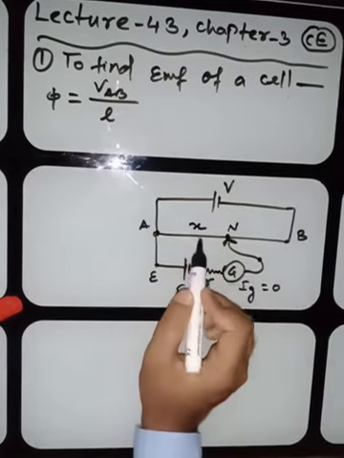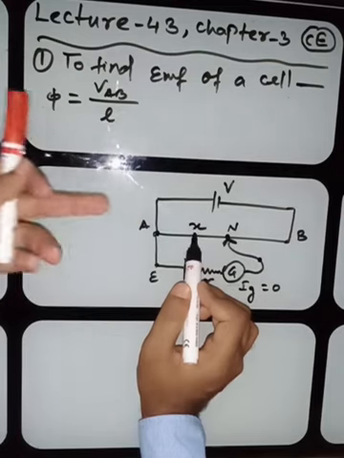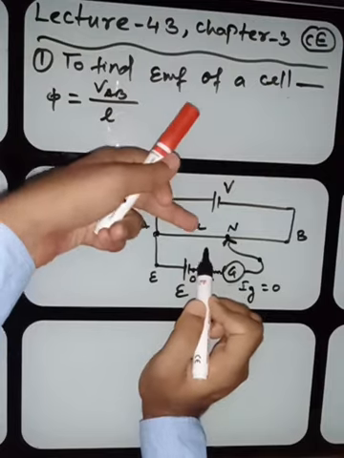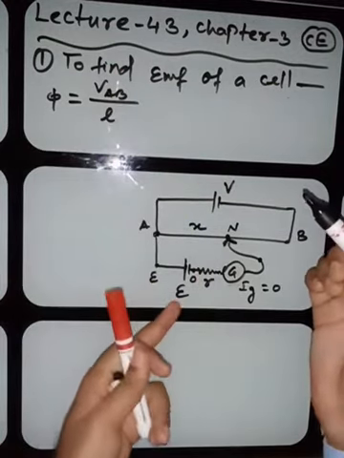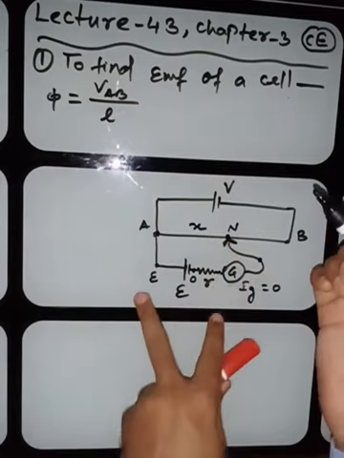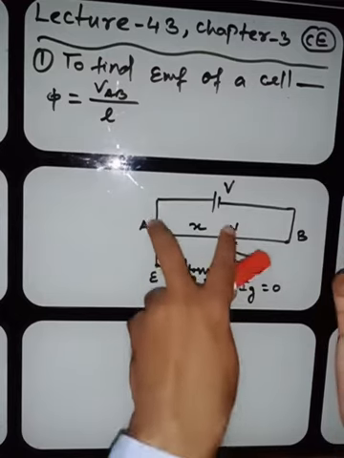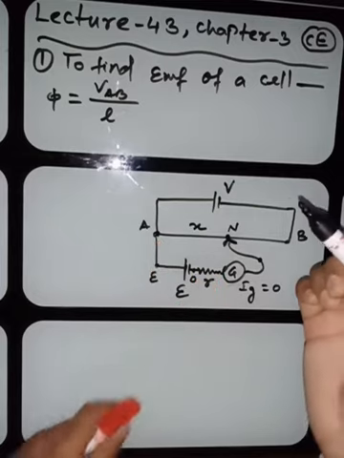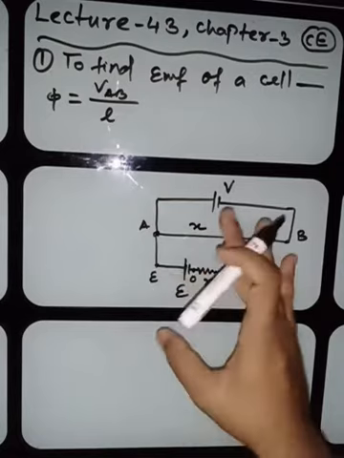After multiplying this X with phi, whose value you know very well, you will find the value of E, because this E and this E should be equal. We have studied in the last class, to show 0 current, both potentials should be the same. So the potential over this length and the potential of this cell will be the same.